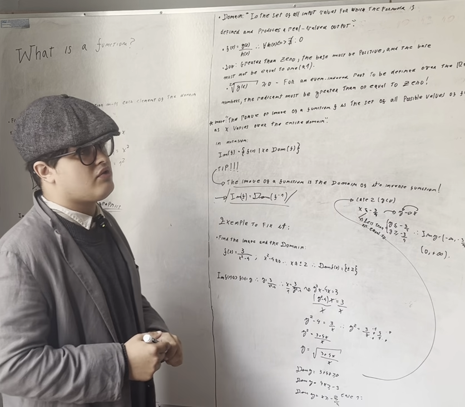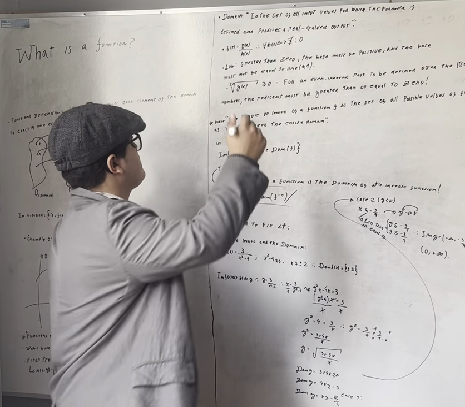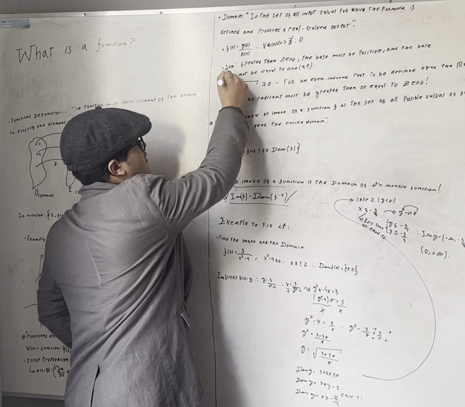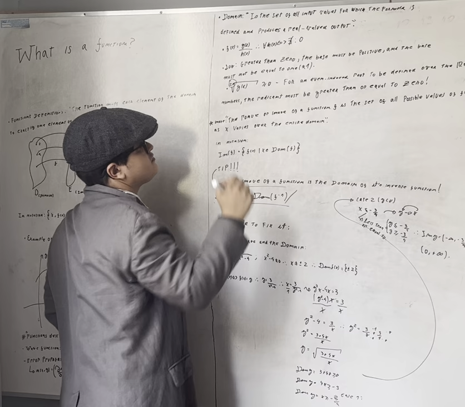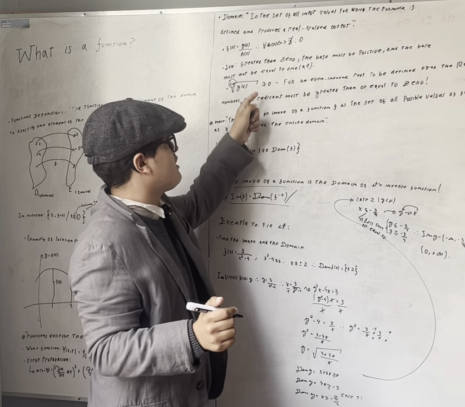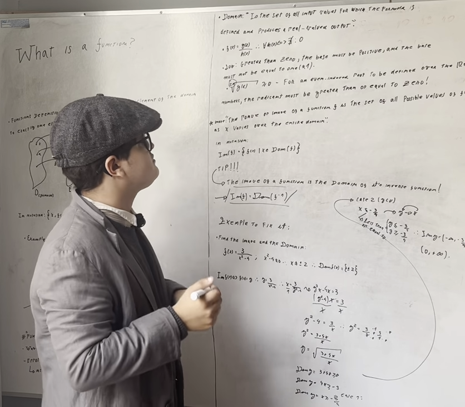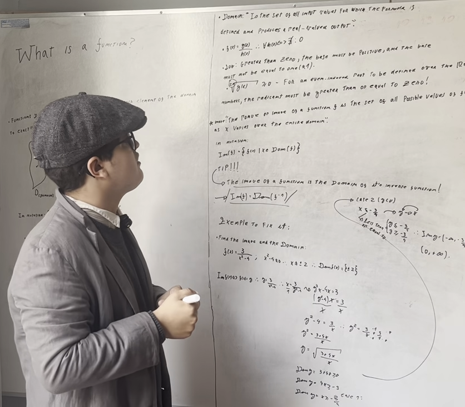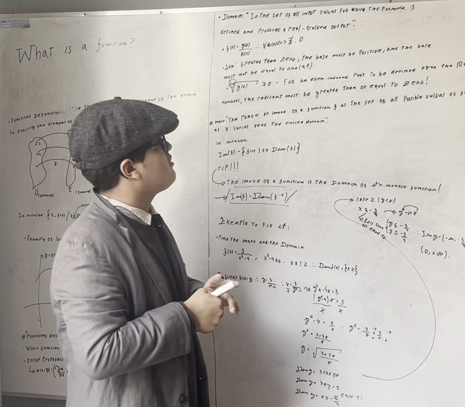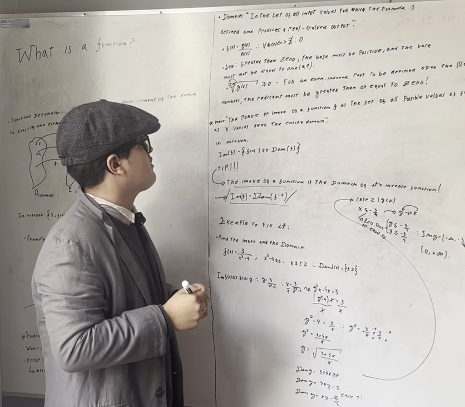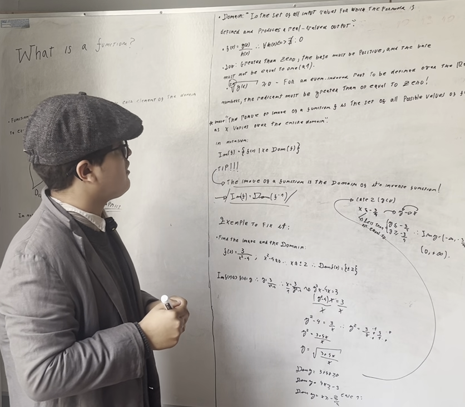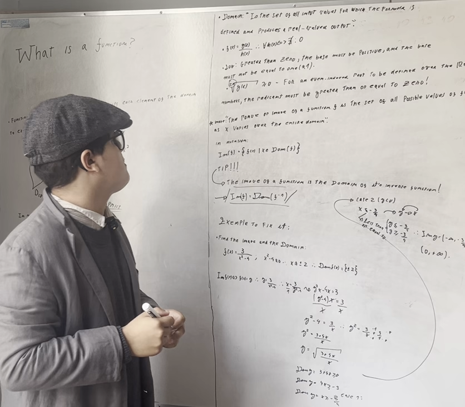In the square root, we have to take this example here. The square root with index 2n needs the radicand greater or equal to 0, because for an even indexed root to be defined over the real numbers, the radicand must be greater than or equal to 0.